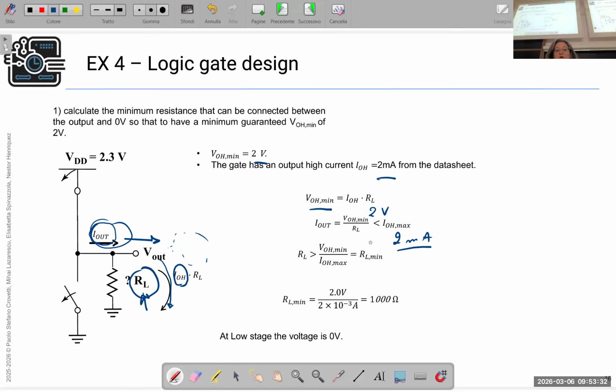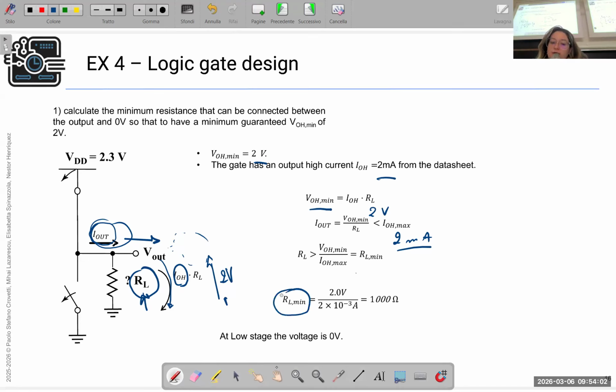Okay. So it must be less than 2 milliampere, and the voltage here must be 2 volts, so we can consider that the load resistance must be greater than this ratio: the output voltage high min over the output current high max.